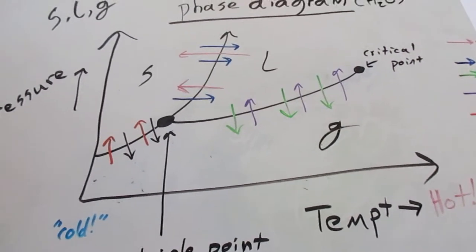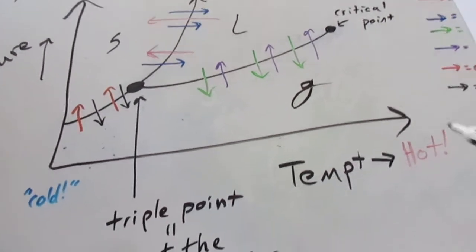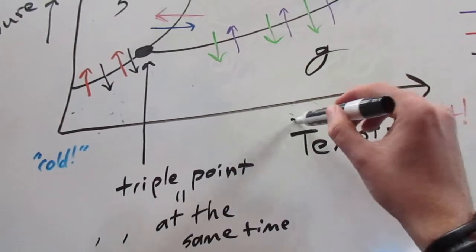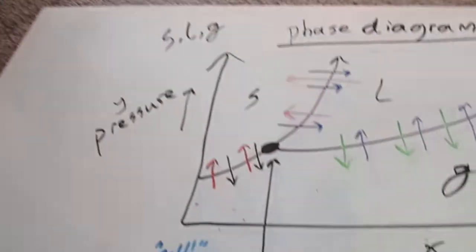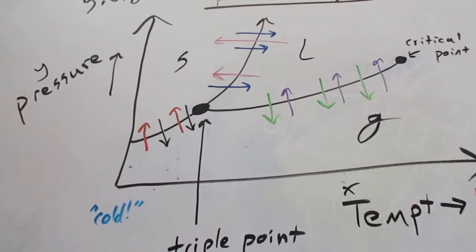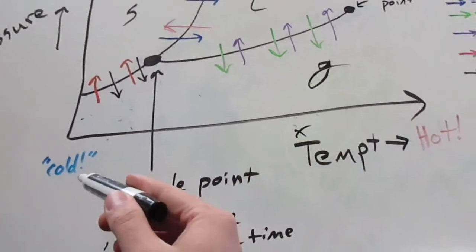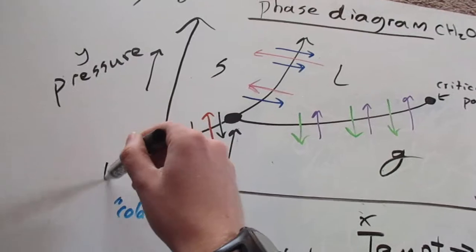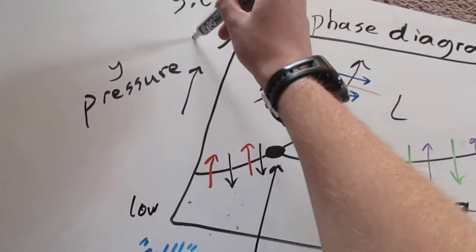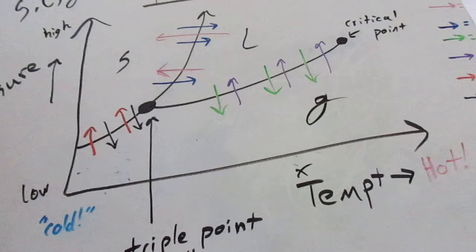Now, I really haven't talked too much about the axes yet. So what happens is we have temperature as our x-axis and pressure as our y-axis. And what this really says is, if you have a given temperature, say cold over here, hot over there, or pressure, this is low, this will be high, what state of matter will water be in?